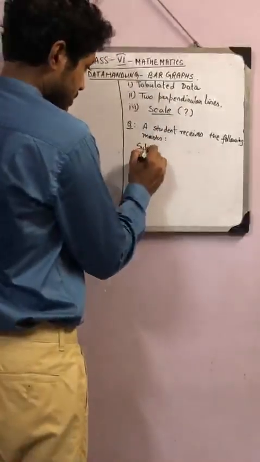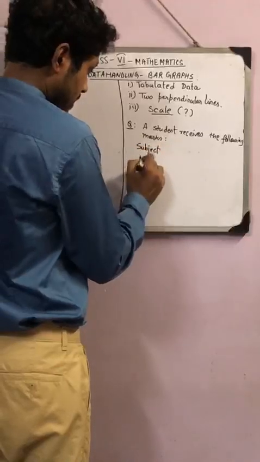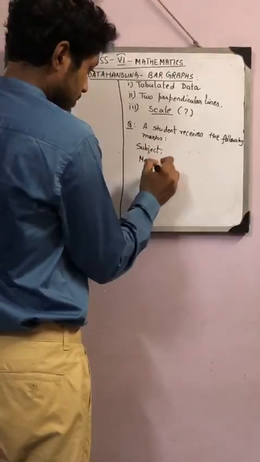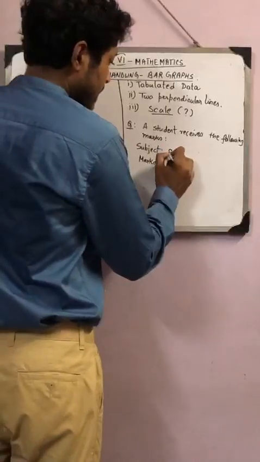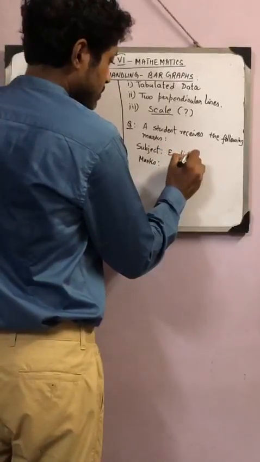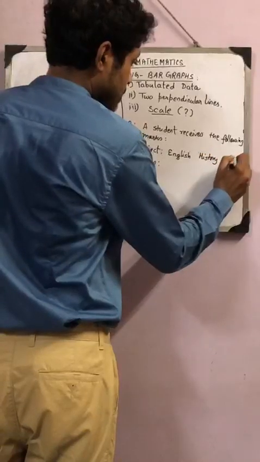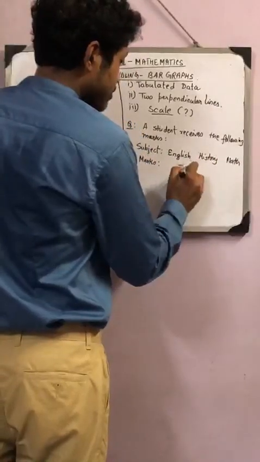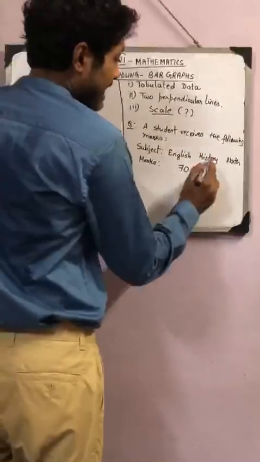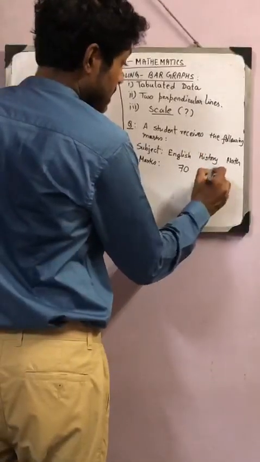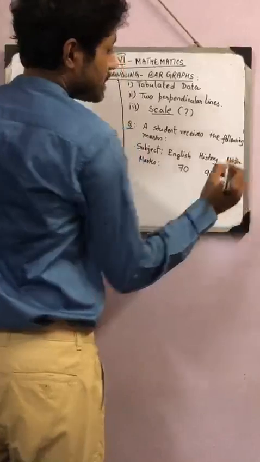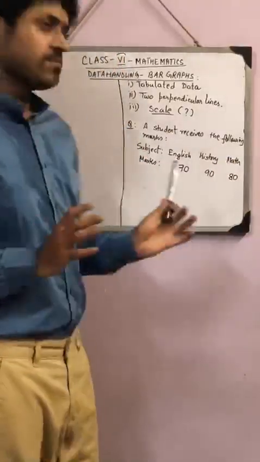Say subject and marks. Say the first subject is English, the second subject is history, and the third subject is math. In English, the student has received 70. In history, the student has received 90. And in math, the student has received 80. Simple marks.